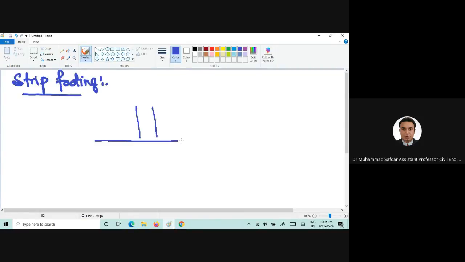So let's see if I can draw it neatly. Okay. Now the groundwater table is located at 1.2 meter. So somewhere here is the water table.